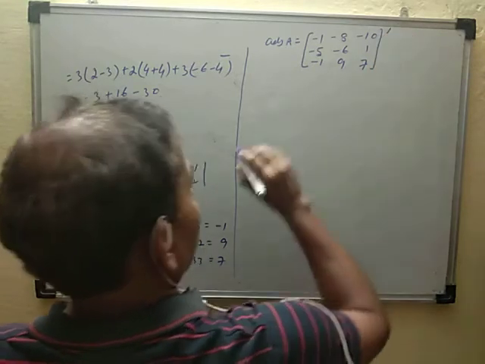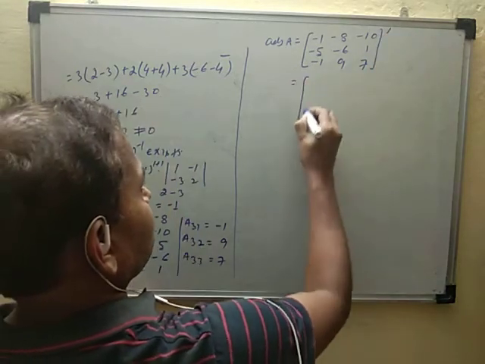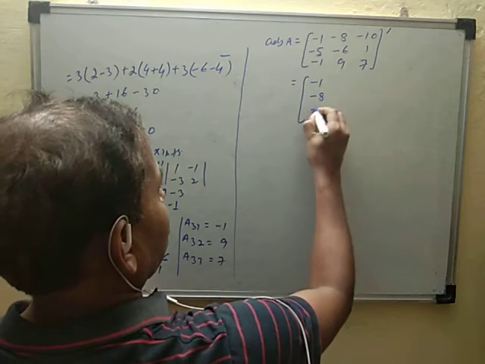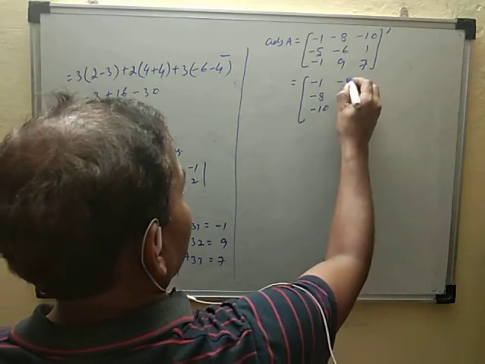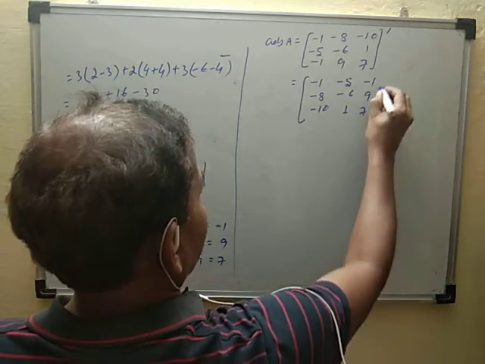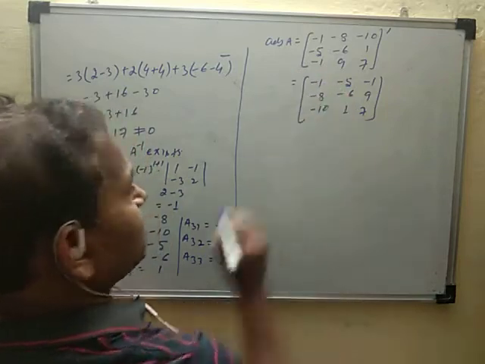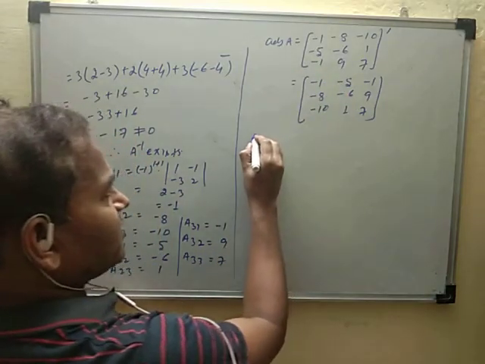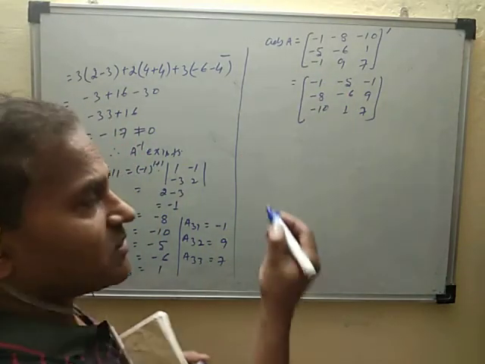The transpose gives minus 1 minus 5 minus 1, minus 8 minus 6 9, minus 10 1 7. This is the adjoint of A. Now find the inverse.